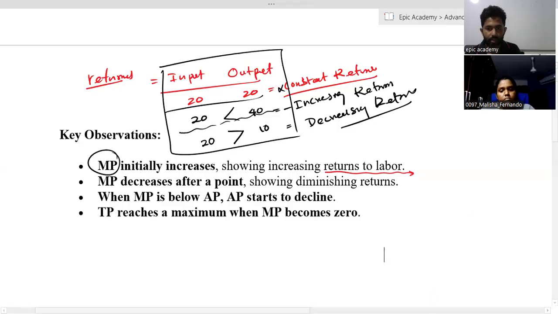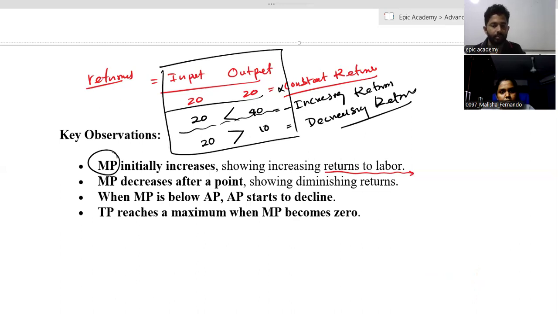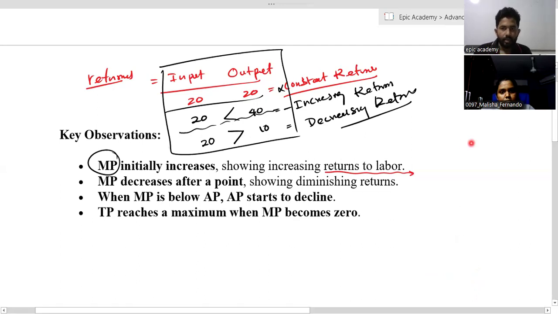Okay. I think you got the idea related to the returns. Right. And then next, key observation. I'm going to discuss related to the observation of that curve. TP, AP, MP.